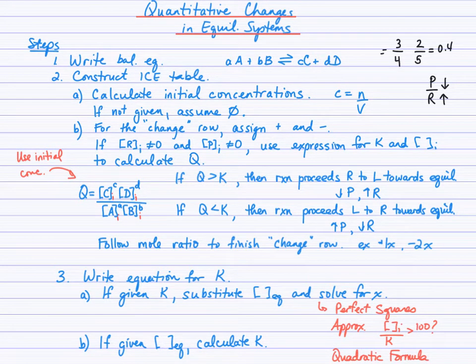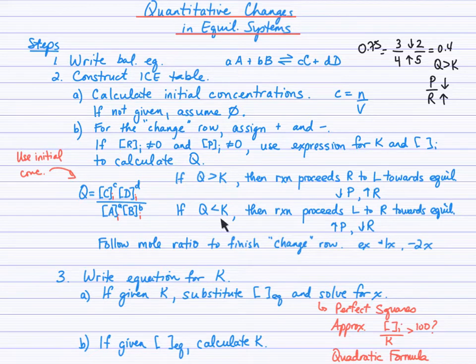So can you see how we've gone from 0.75 to 0.4 by having the numerator decrease and the denominator increase? And so if Q is already greater than K, then we need Q to start decreasing. In order to get the value of that quotient to drop, the numerator has to drop and the reactants, the denominator, has to increase. And that means that the reaction is really proceeding from right to left. We'll construct an ice table in a moment to help you with that.